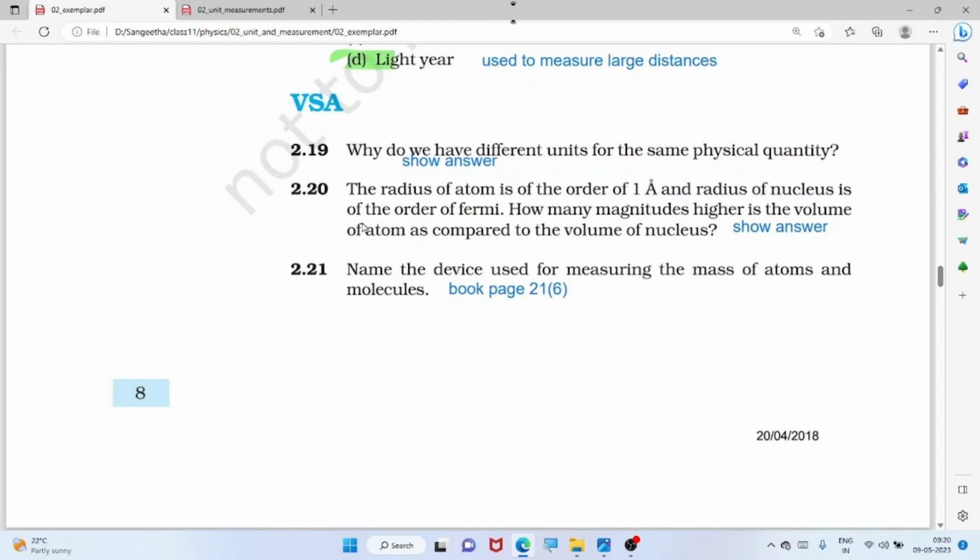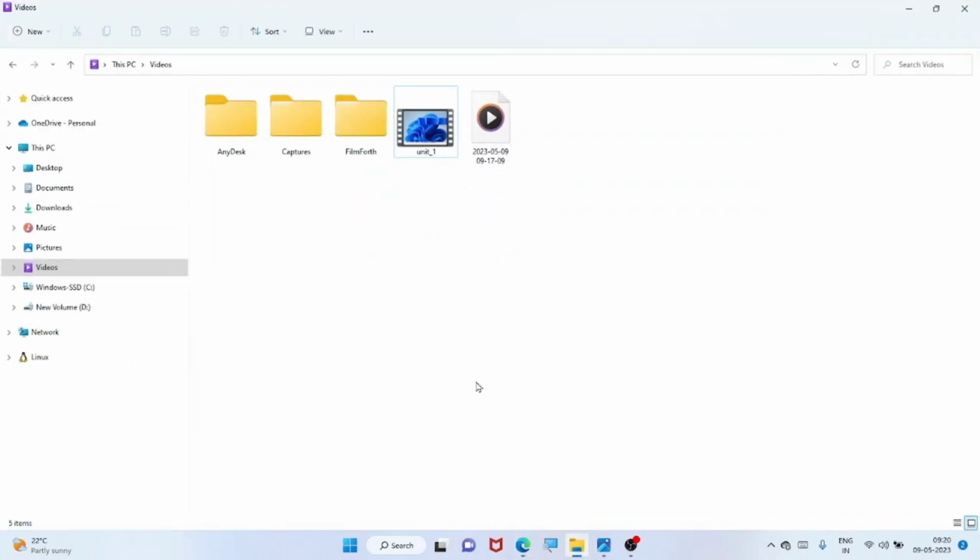Why do we have different units for the same physical quantity? You can see the answer.